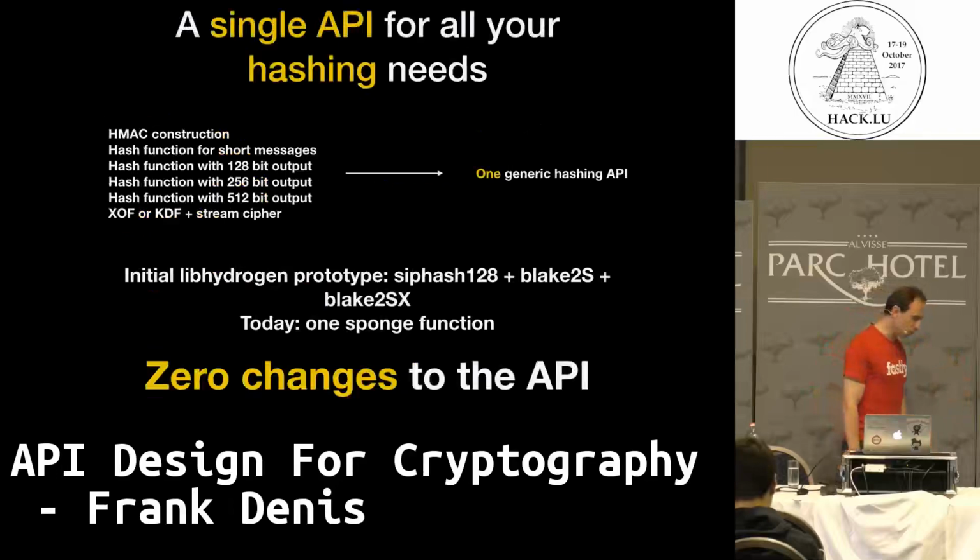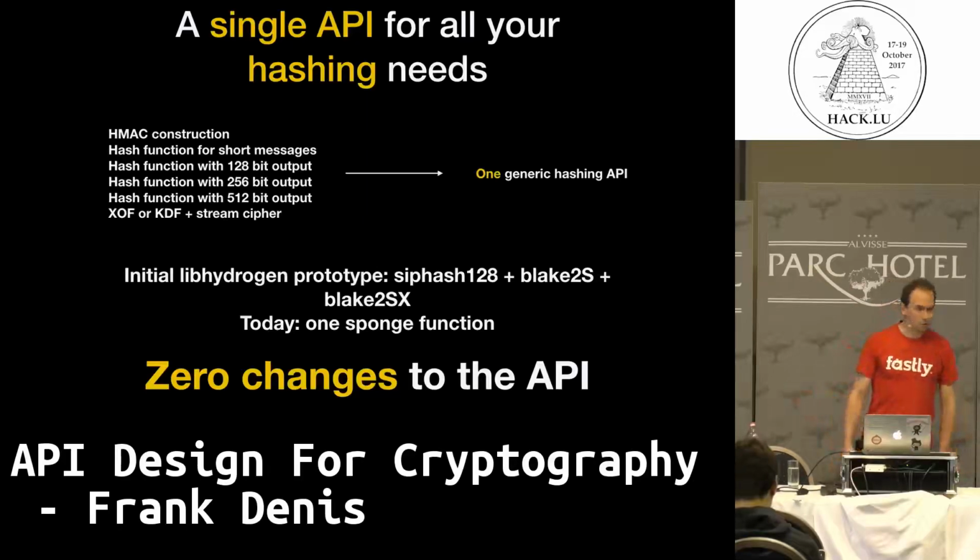As an example of how an API can be used to simplify everything, for hashing, typically you can use a bunch of different functions according to the output size you want, according to whether there is a key or not, and this is kind of confusing. With Hydrogen, there is just one function, and under the hood, it calls the right function according to the output size you need.